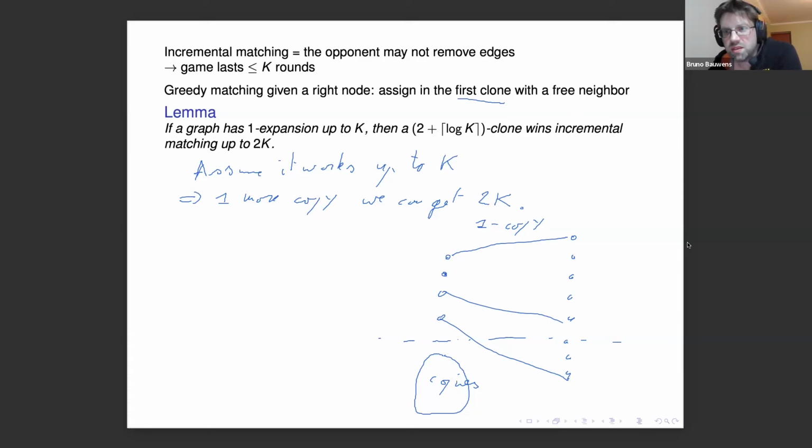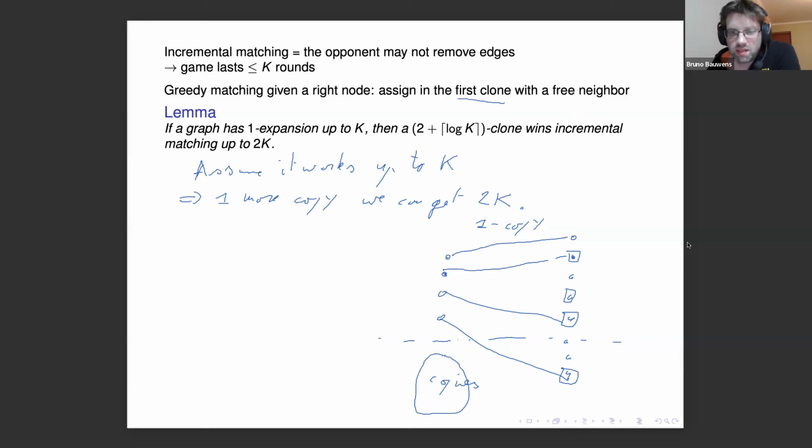And so Kolya already has learned why this is true. So let us look at the nodes that do not have a match in the first copy. So the matching algorithm receives nodes and it has to choose a neighbor here. So let us point at all the nodes that are not assigned in the first copy.